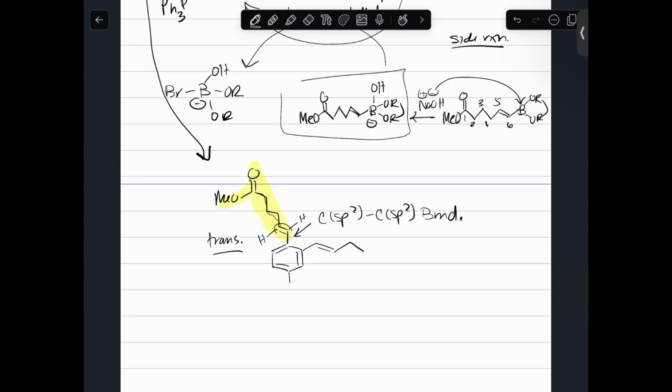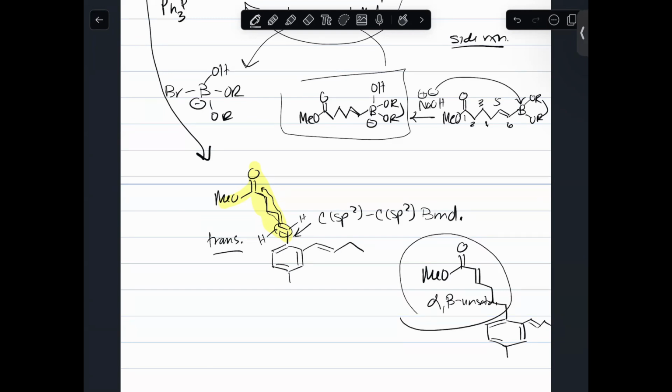The double bond in the Heck reaction was migrating all the way down to form an alpha beta unsaturated system. Now, it wasn't the major product, it was a minor product, but it was enough that we didn't want to publish that work.